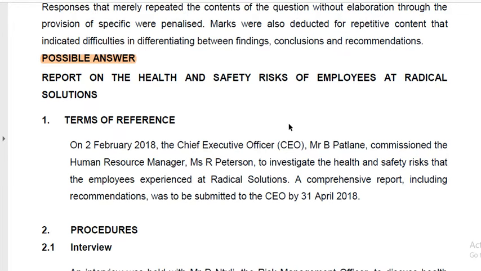The full report, including recommendations, was to be submitted to the Councillor on 12 August 2022. Do you understand? If you don't understand, I don't know, because the assignment is due in a few hours.